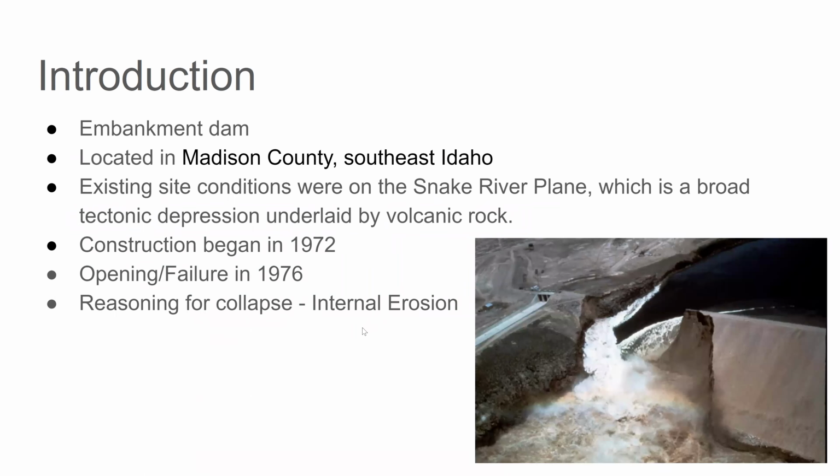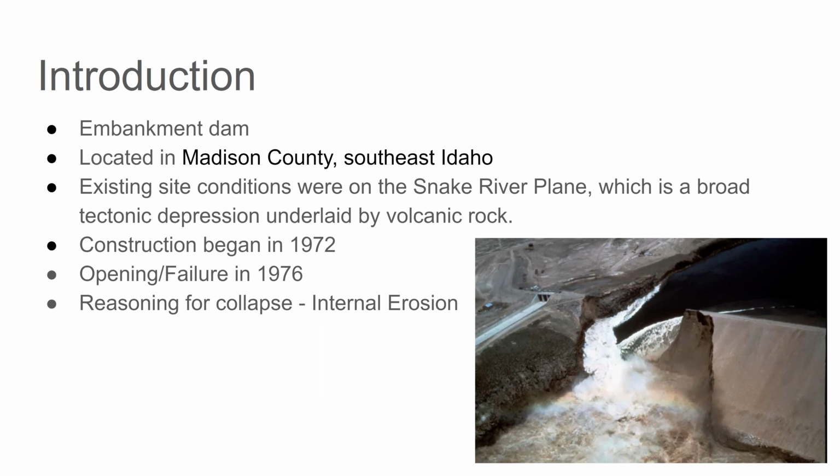For a brief introduction, this dam is an embankment dam, basically, which means it holds a body of water, or reservoir of water, over a hill, preventing it from going over or going further down.